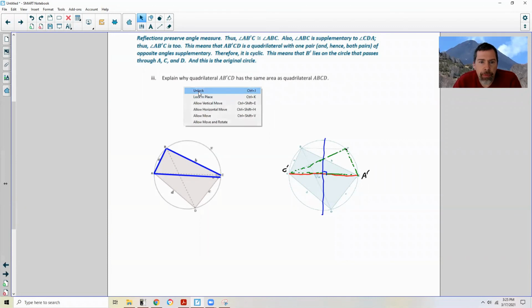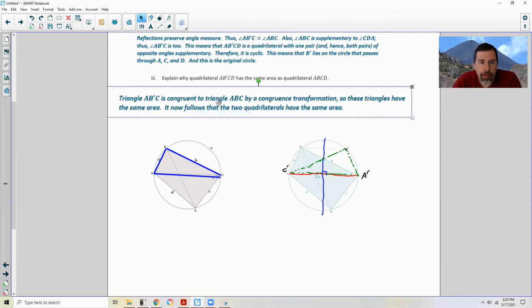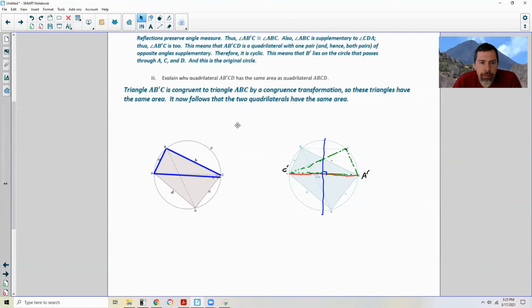Triangle A, B prime, C, which is this green triangle right here, is congruent to triangle ABC, which is the blue one over here, by a congruence transformation, or reflection. So these triangles have the same area. It now follows that the two quadrilaterals will also have the same area.